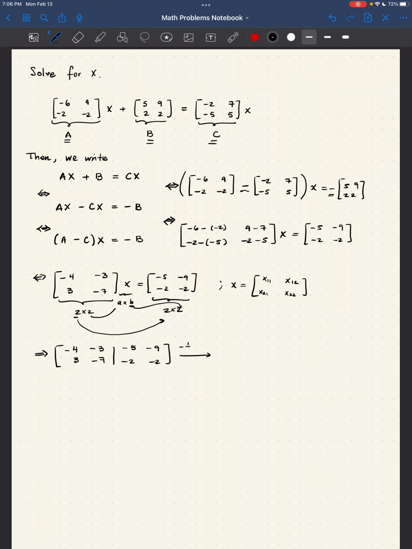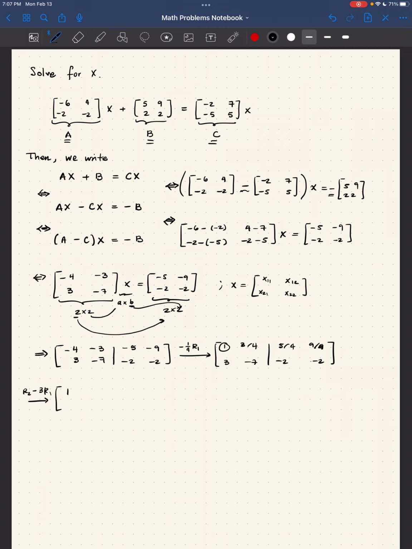First, negative 1/4 of R1. Now that one reduces to 1, 3/4, 3, negative 7, 5/4, 9/4, negative 2, negative 2. Next operation, from R2, I subtract 3 times R1, now that I have my pivot here.